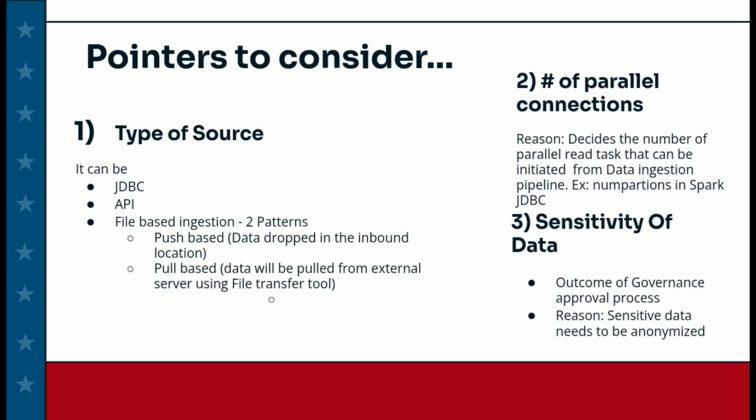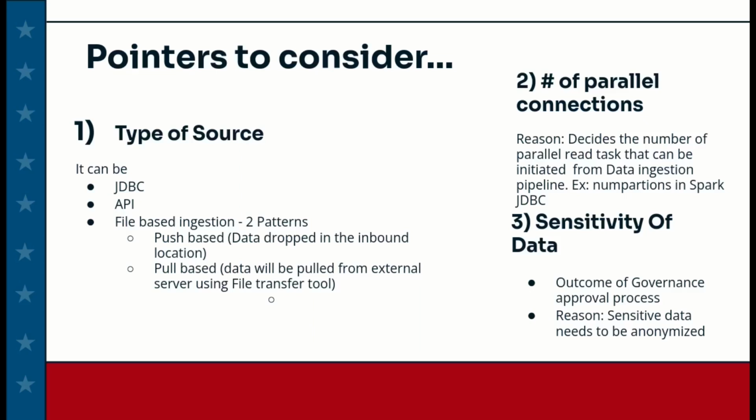Before we move into the third point, let us understand what happens in an organization when onboarding a new data source. From an organization perspective, any new source that will be onboarded should undergo an internal governance process.